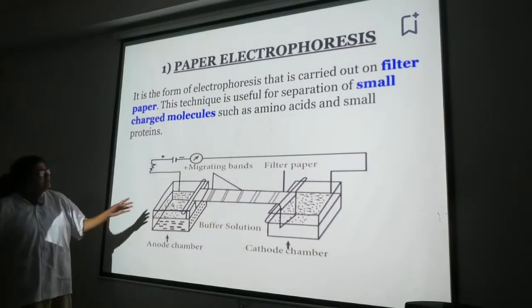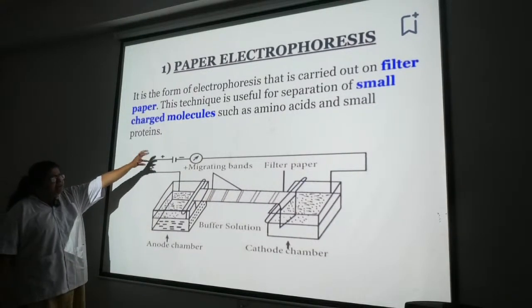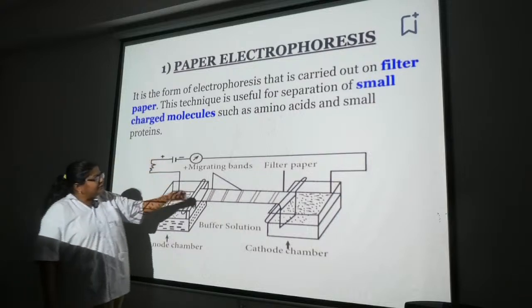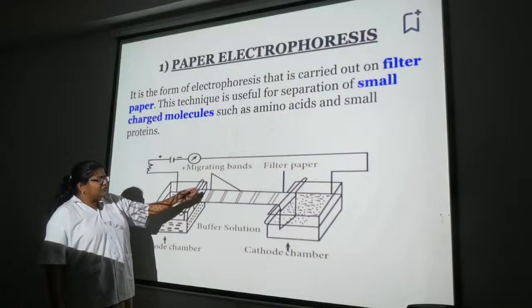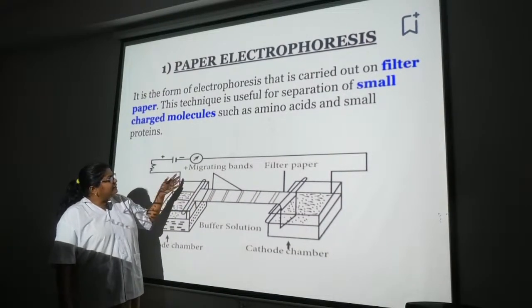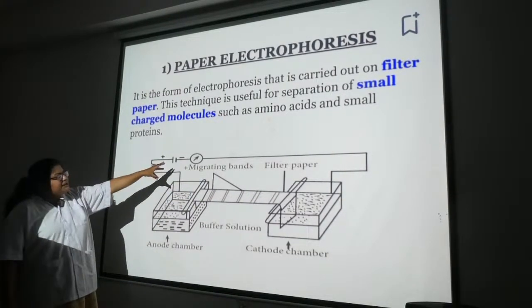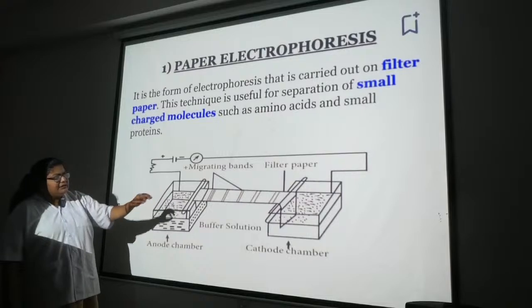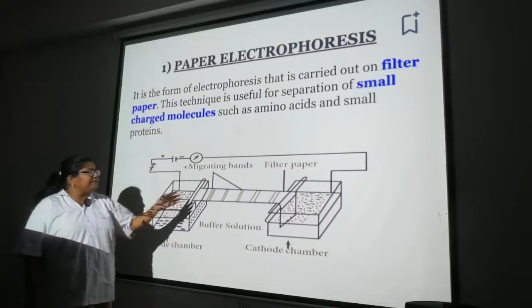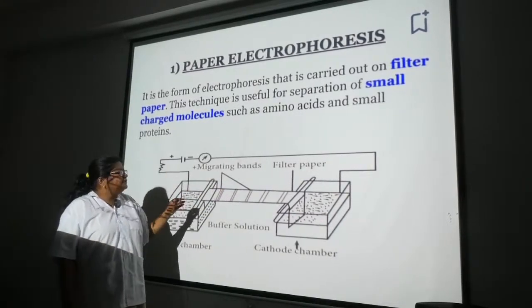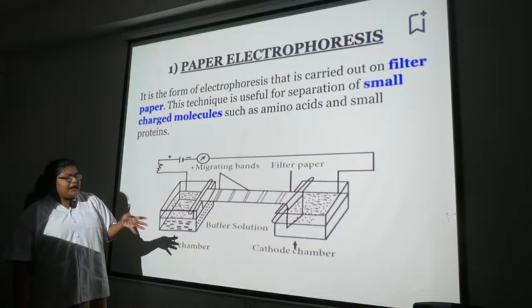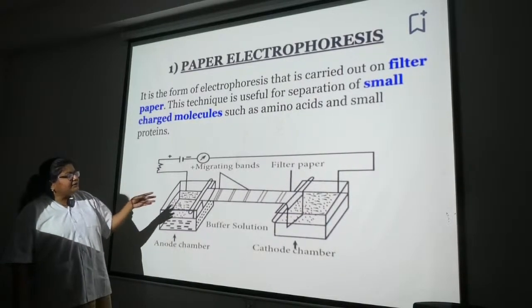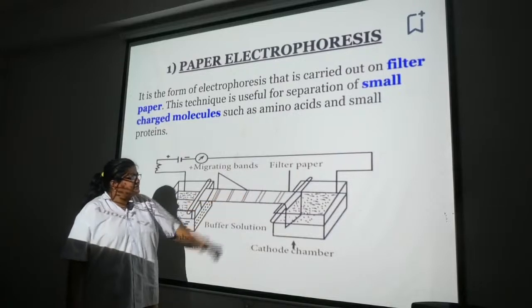When the power supply is given, we apply the sample in spot form or a narrow streak, and it will migrate. After 30 to 45 minutes, the components migrate at different rates according to their properties, and we find these bands.